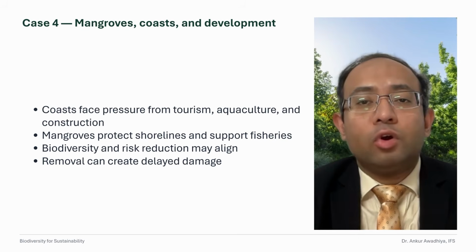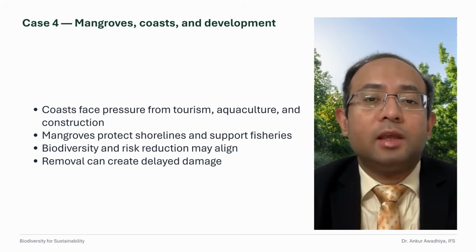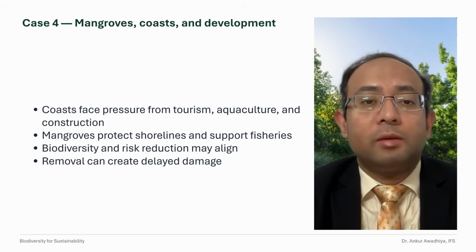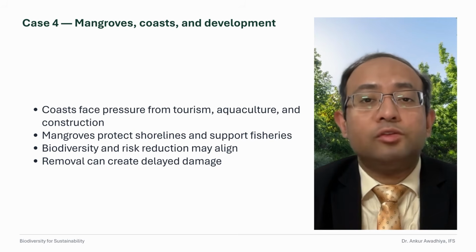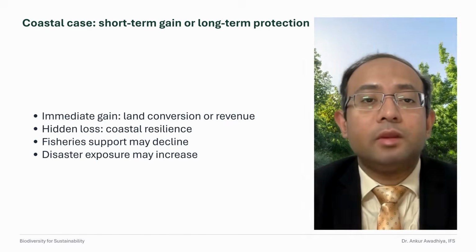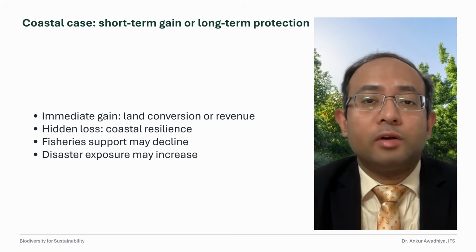So, this is a strong case where biodiversity conservation and risk reduction point in the same direction. When mangroves are removed, the costs often do not appear immediately, but can become severe, particularly during coastal storm events. The short-term versus long-term contrast is very visible here.